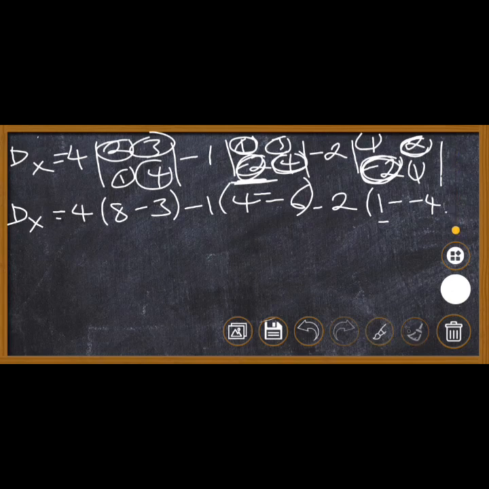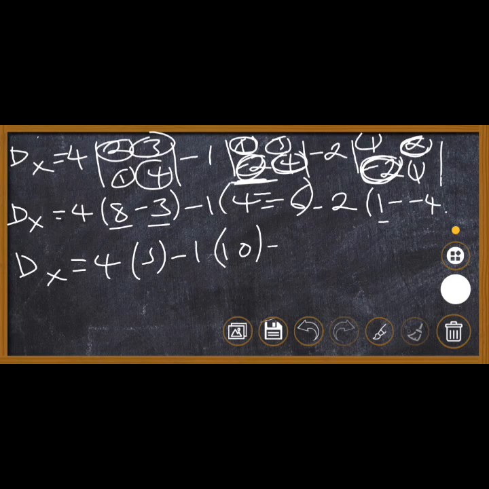So in this case we have dx equals 4, and then 8, we subtract 3, we have 5 here, and then minus here 1. Okay, and then negative and negative is positive, so 4 plus 6, it's 10.